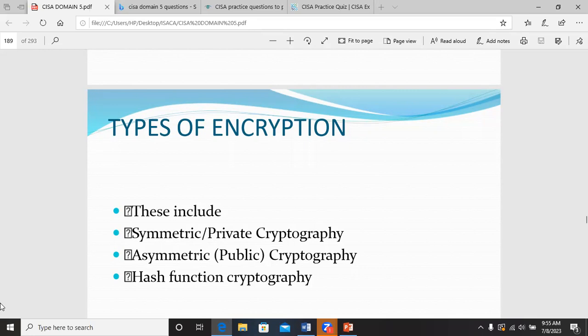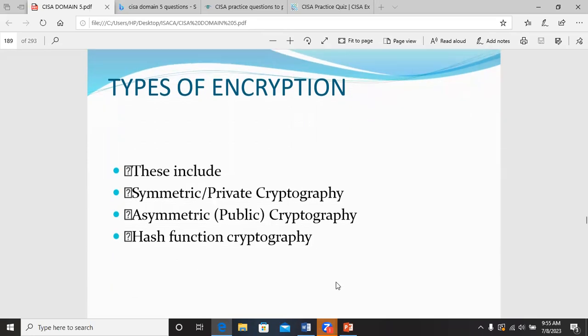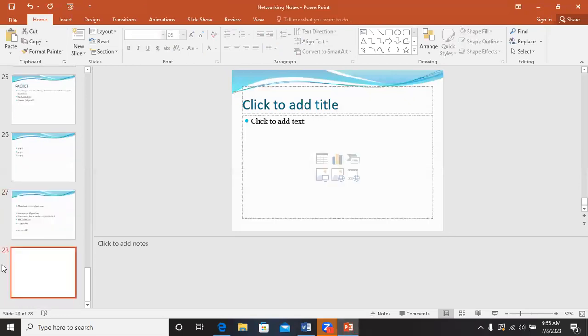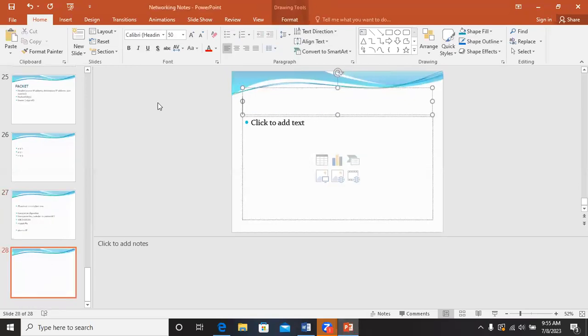Okay, welcome back. We'll stop at types of encryption. There are basically three types of encryption.